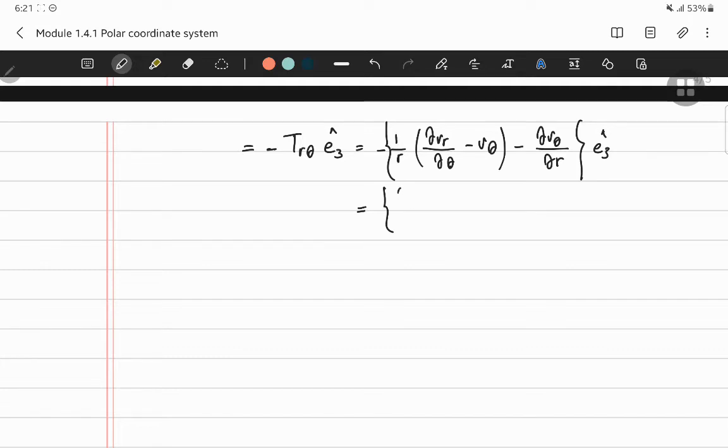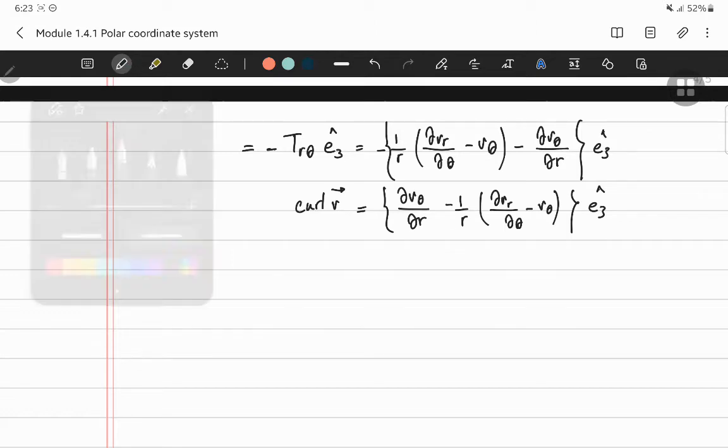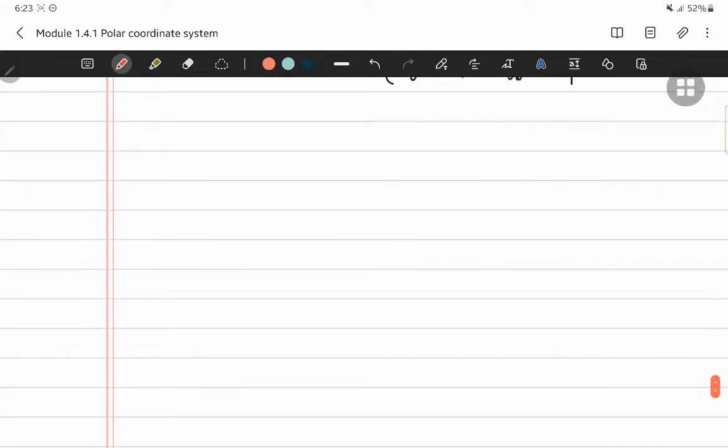So you have ∂v_θ/∂r, and we have minus 1 divided by r times (∂v_r/∂θ minus v_θ) here, E3. And this is basically the curl of a vector field in the polar coordinate system. All right, so next we have the divergence of a tensor field.